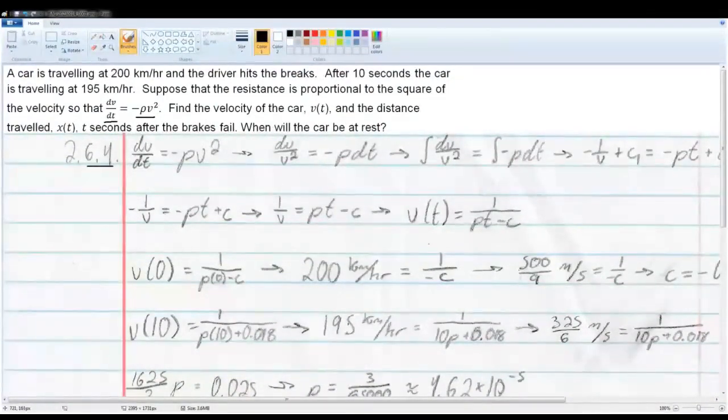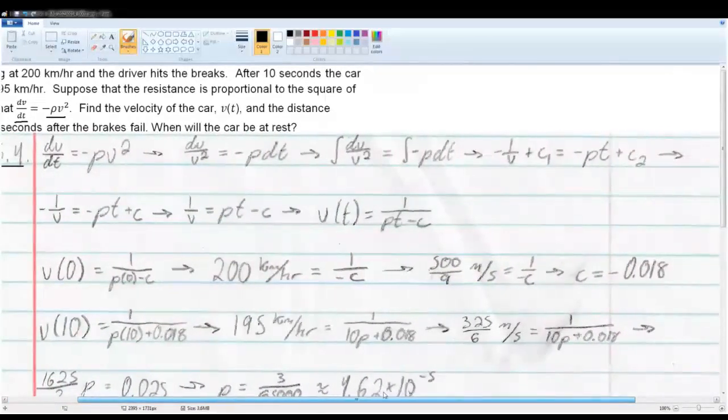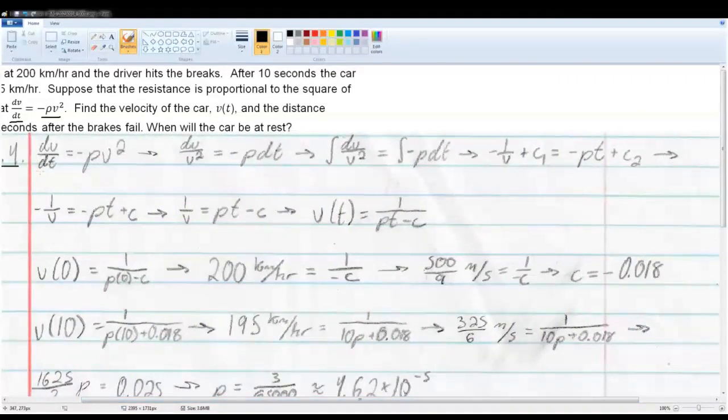The question asks to find the velocity of the car and the distance traveled t seconds after the brakes are hit. And then I added another part: when will the car be at rest? So basically solve for v equals 0. The first thing to do is write the function as given.